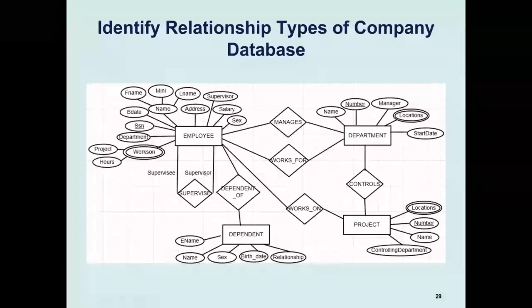So an employee who participates in this supervised relationship from the right leg is a supervisor. Then the semantics are clear. We relate a supervisee with the corresponding supervisor. Both supervisees and supervisors are employees. Questions?